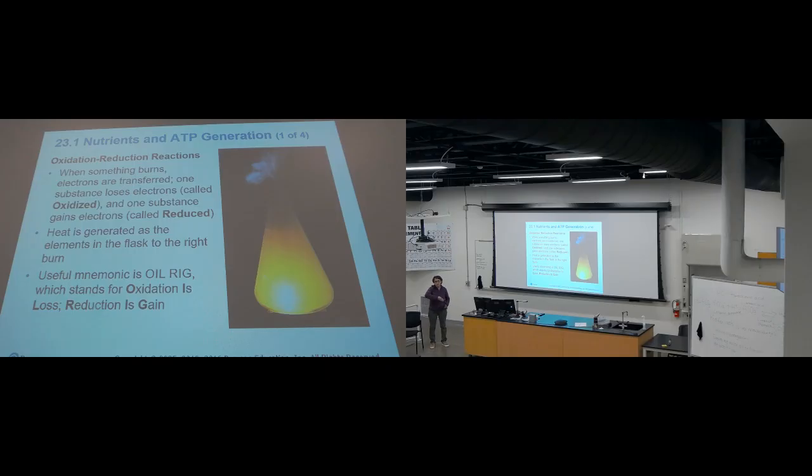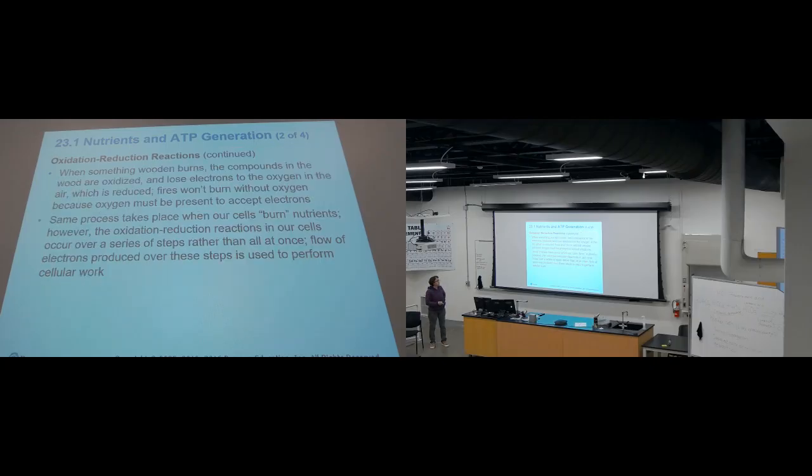So NAD, when it gains electrons, becomes NADH. In this case, it will be reduced. And then NADH, which has the extra electrons, when it donates them, becomes NAD. It will be oxidized.